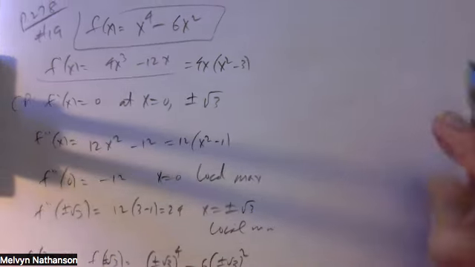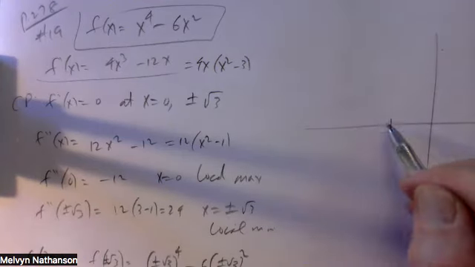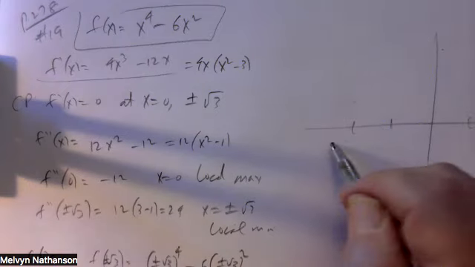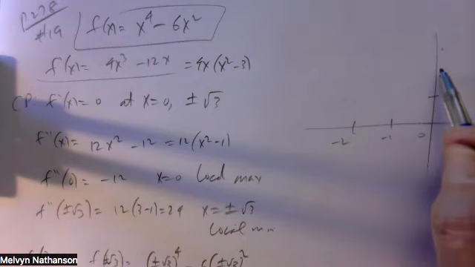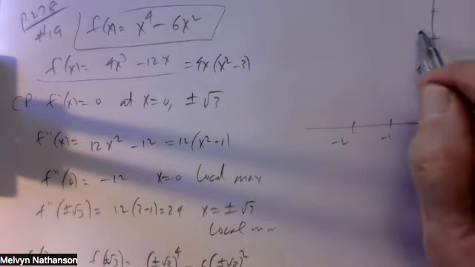So if we want to graph this function, f of 0 is 0. Let's make this 3, 6, 9.